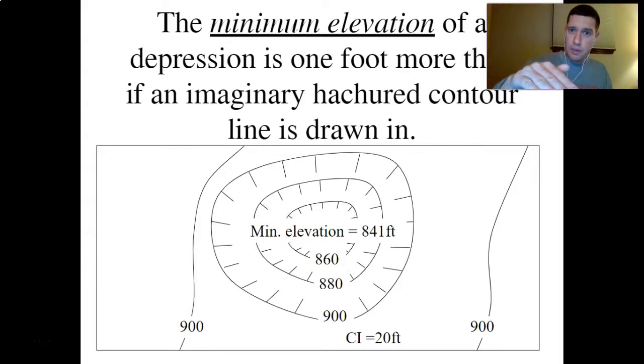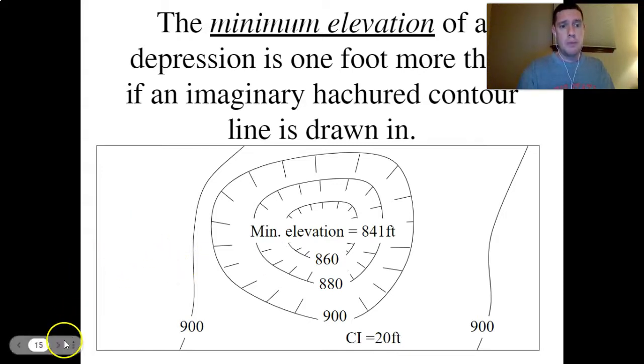It's a foot above it. So the minimum elevation it could be is 841 feet. Remember, if it was 840, we'd have another contour line drawn in there. So it's 1 foot higher than what a new line would be drawn on the map. That's how to find the minimum elevation anywhere on a map that doesn't have a benchmark.